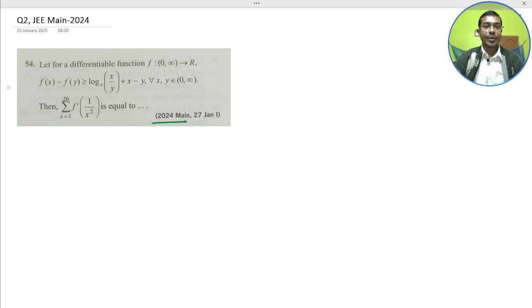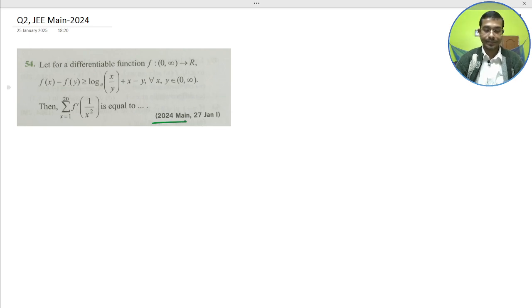JEE Main 2024 recent question. Let f be a differentiable function from 0 to infinity to R such that f(x) minus f(y) is greater than or equal to log x by y plus x minus y, for all x and y belonging to (0, infinity). You have to find the value of the sum over x from 1 to 20 of f dash of 1 by x square.